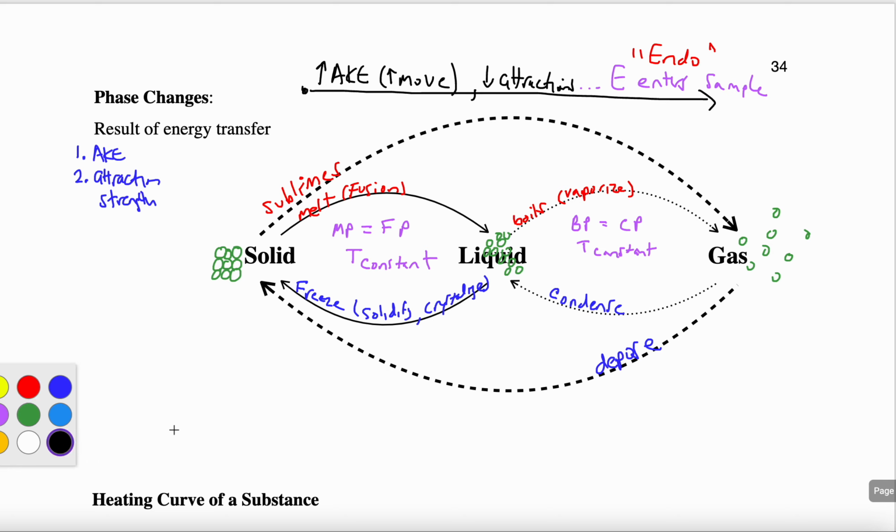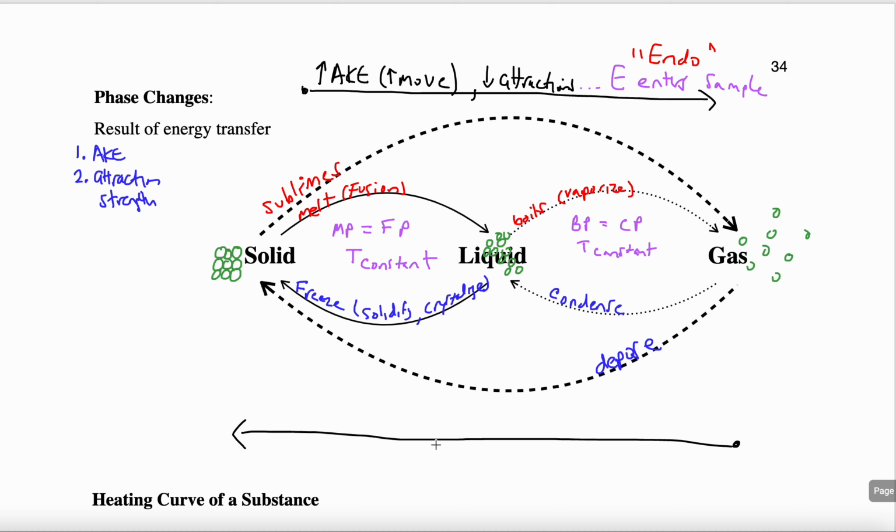So down underneath, if we move in the opposite direction, where we start off as a gas and we head back towards the solid state, we start to see that the particles have less freedom of movement, very, very limited movement, so they're held in order. And so we see a decrease in the average kinetic energy. So we see a decrease in their ability to move.